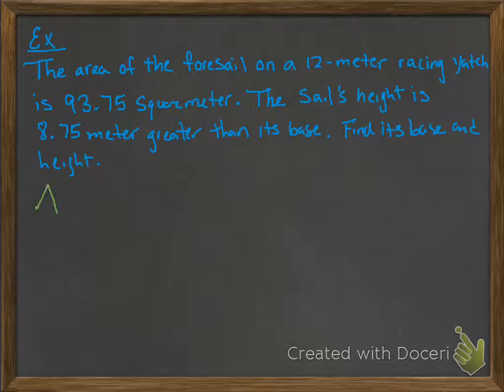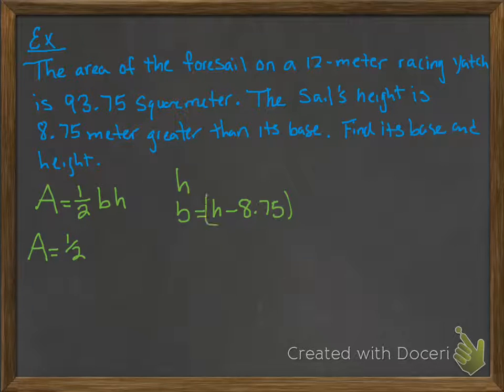So we know that the area of a triangle is 1/2 base times height. And if I label my height as h, so area equals 1/2. If my height is h, then I know my base is equal to h minus 8.75, because that's what this piece right here tells us.